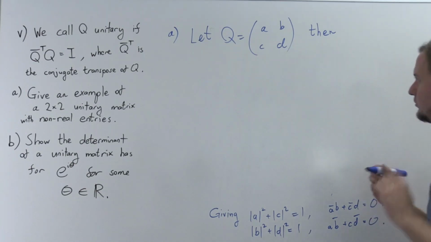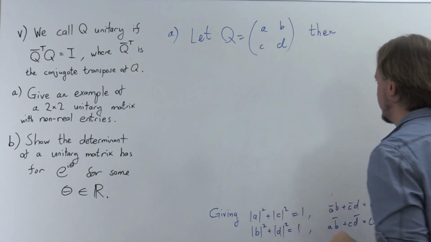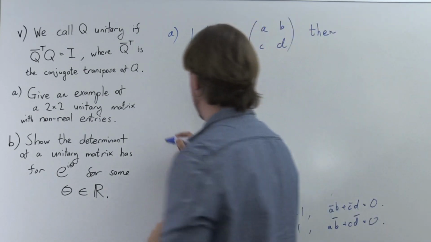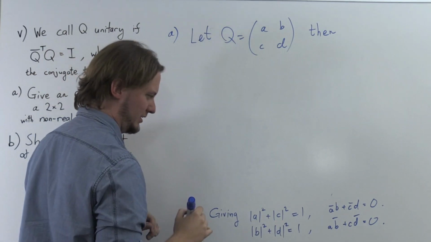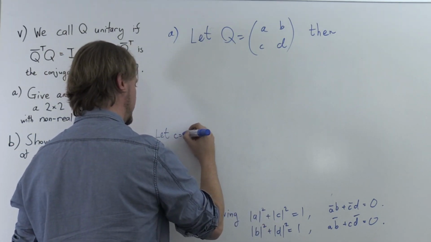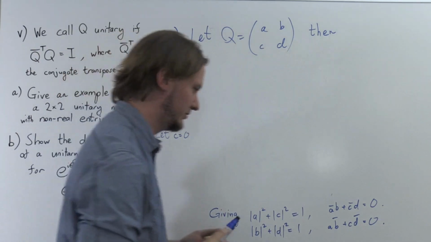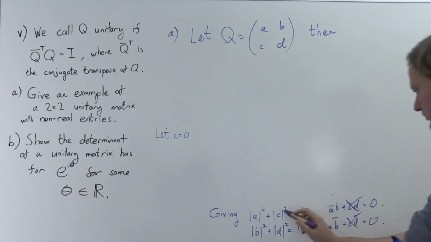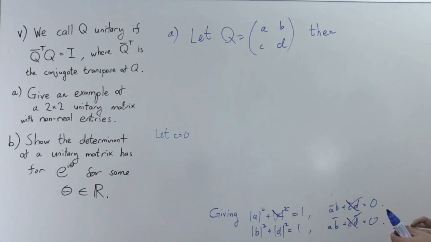Maybe I'm working on scrap paper doing this. I'm going to let C be 0, for example. So if I let C equal 0, then in terms of my condition, I don't have to worry about that, or that. Well, I do need A to be non-zero, otherwise I'll never satisfy that.